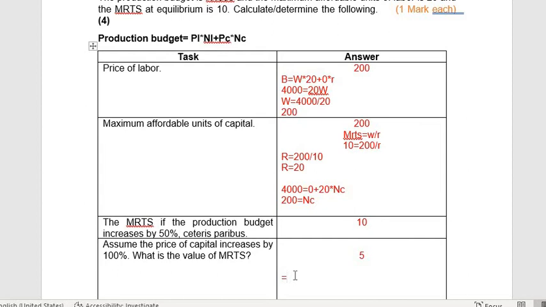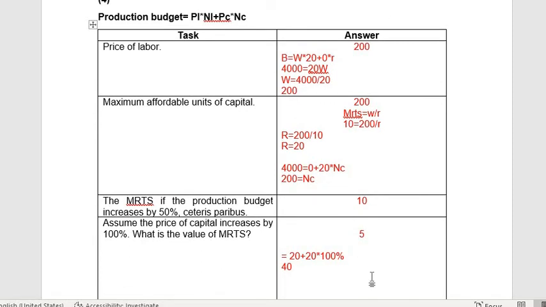So in order to calculate that 100% increase in the price of capital, I'm going to say 20, which we calculated here as the price of capital, plus that 100% increase, and that is going to give you 40, right? And then you just substitute the new price of capital into the formula, and that will be as follows: 200 divided by 40, which is the new price that you just calculated, and that will give you 5.